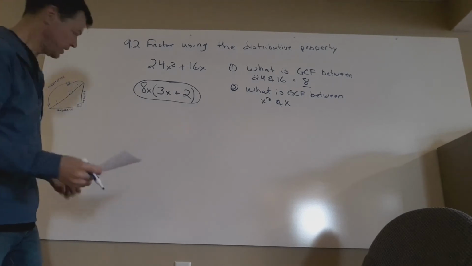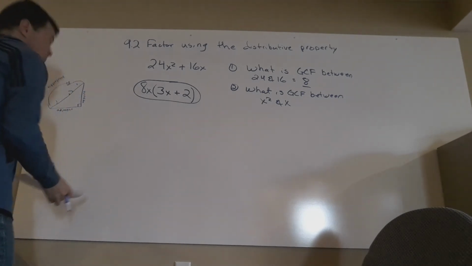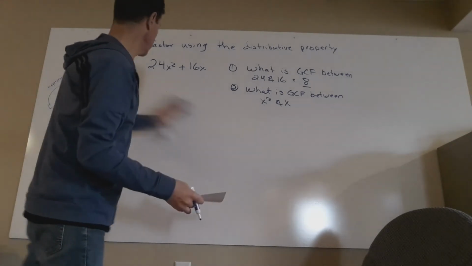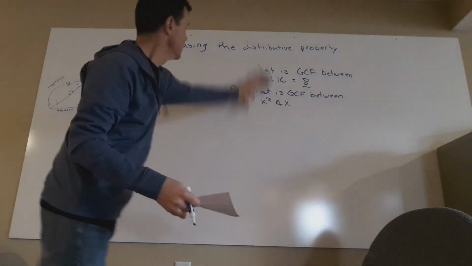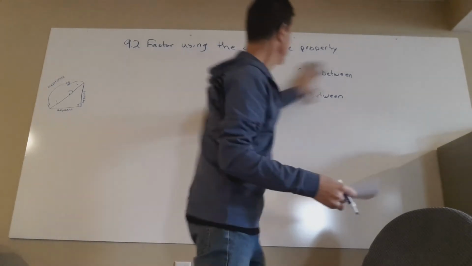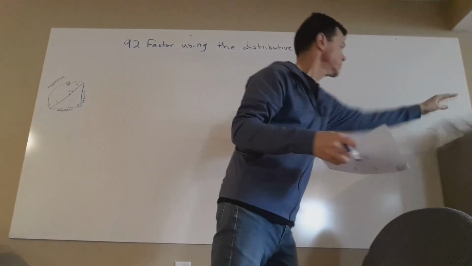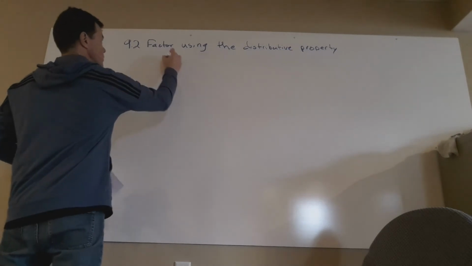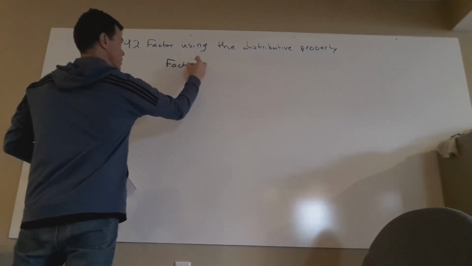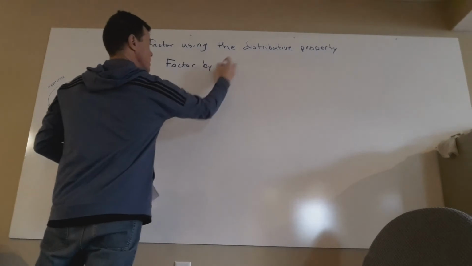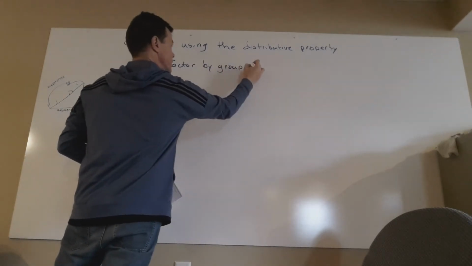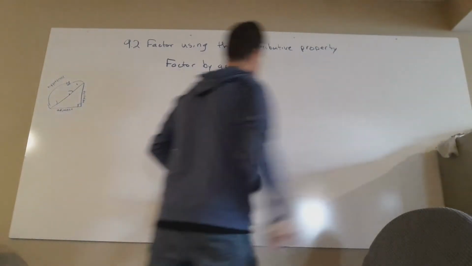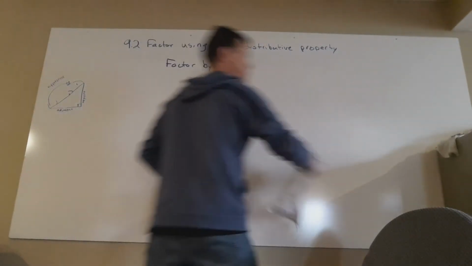All right, second thing I said was factor by grouping. And this is going to come out to be very useful later on in this chapter. Factor by grouping is used when you have 4 terms.